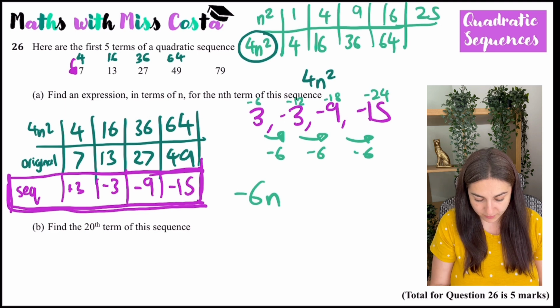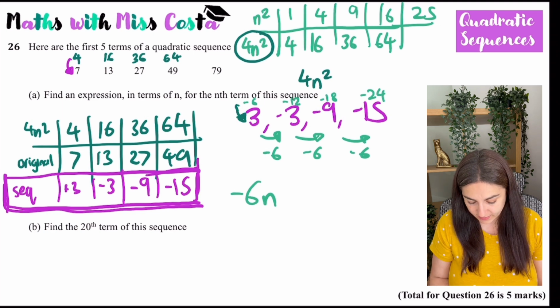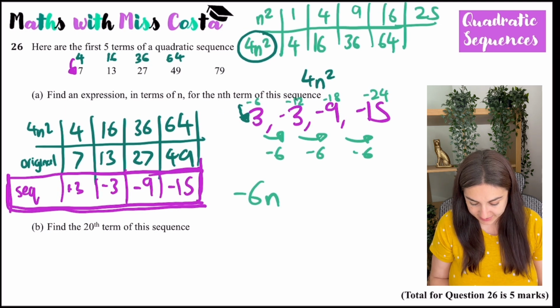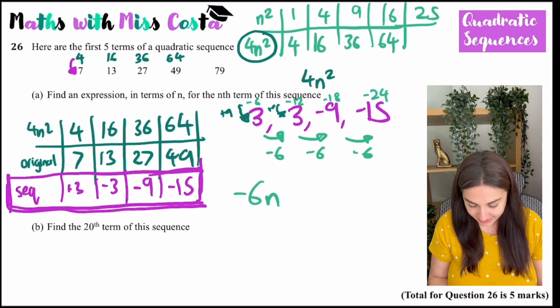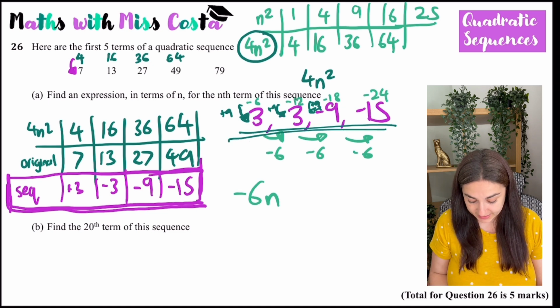And then how do I get from minus 6 to 3? I add 9. From minus 12 to minus 3, I add 9 as well. From minus 18 to minus 9, I add 9 as well. So the nth term of this sequence is minus 6n plus 9.